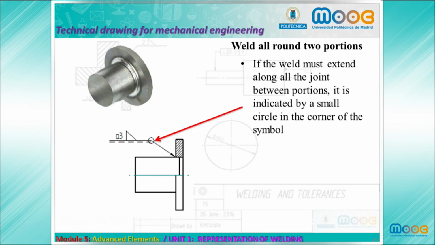To indicate this situation, we have to round the corner of the arrow of the symbol with a small circle.